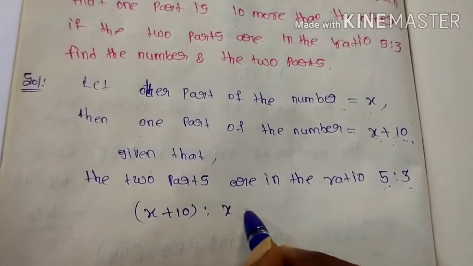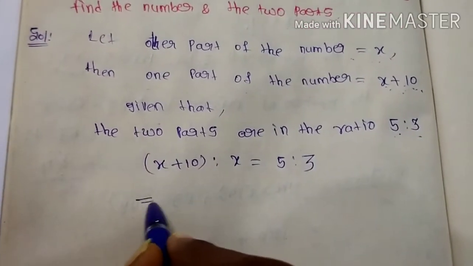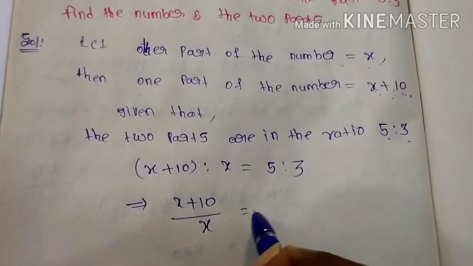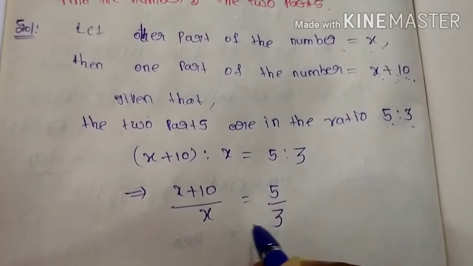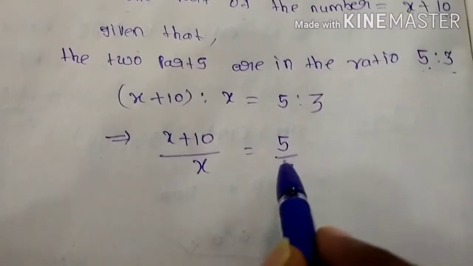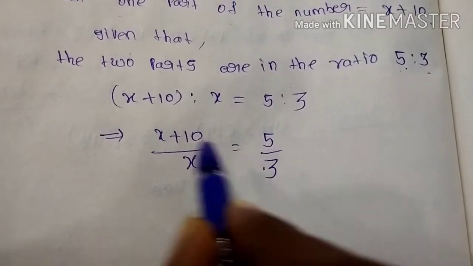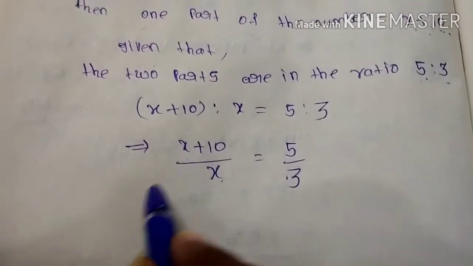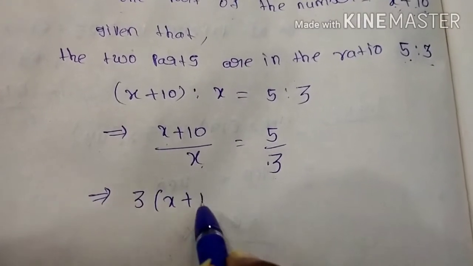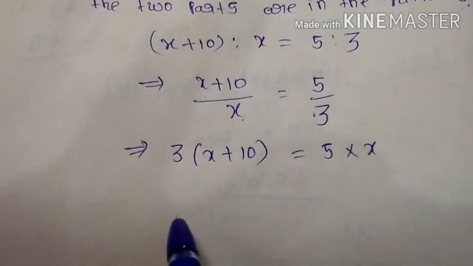So the ratio is 5:3. That means you can write x plus 10 by x is equal to 5/3. Now you can do a cross multiplication, that means transpose 3 to the LHS, x to the RHS. So 3 into x plus 10 is equal to 5 into x.